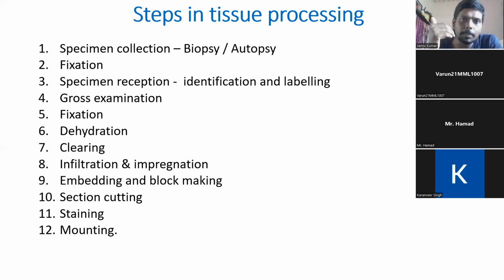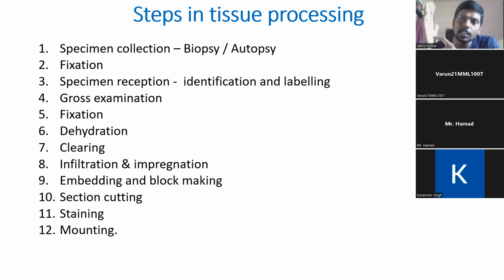Upon receiving the sample, this is also a very important area where we need to observe very keenly. The first thing that we need to do is cross check the details on the sample with the requisition form, whether the requisition form details are matching with the sample labeling on the jar. And also we need to thoroughly inspect physically the content inside the jar.